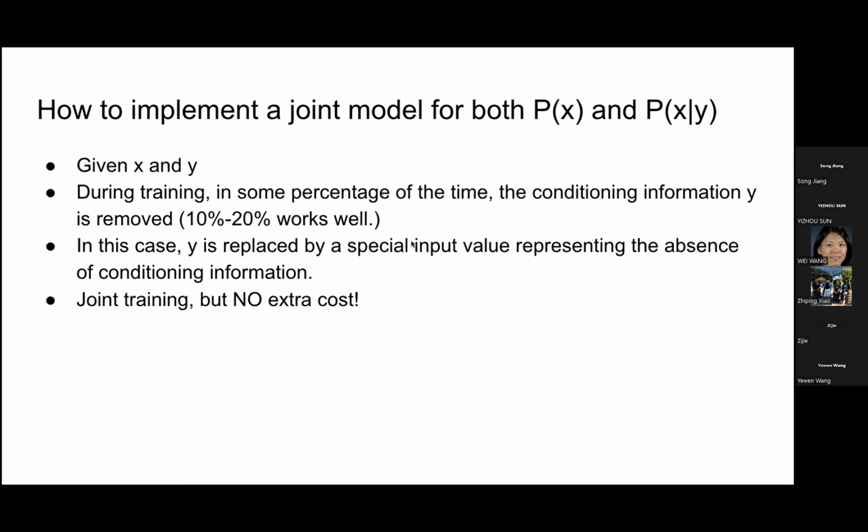We replace Y with a specific symbol to denote the missing of this condition, this guidance Y, and we just jointly train this model. Interestingly, we still have just one model and there's no extra cost, but we have a model that can handle the unconditional and conditional input simultaneously.